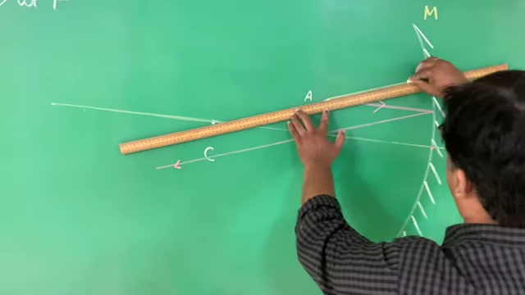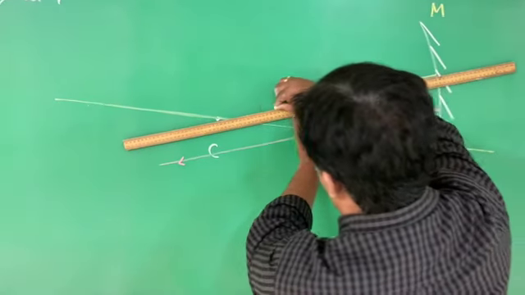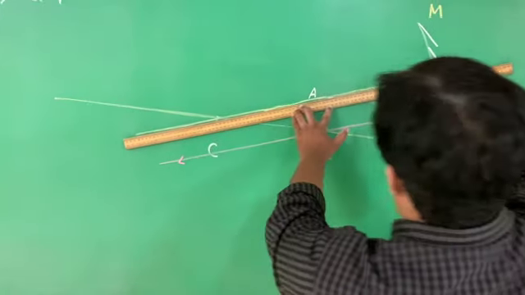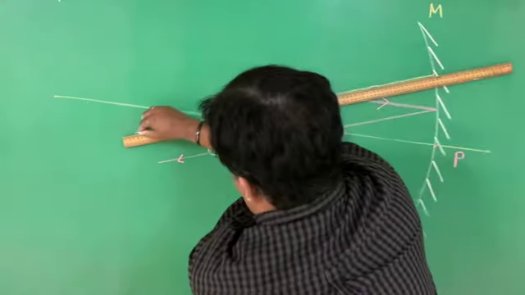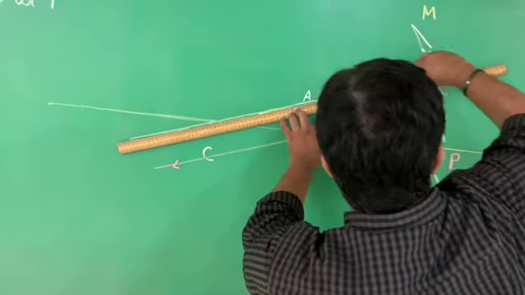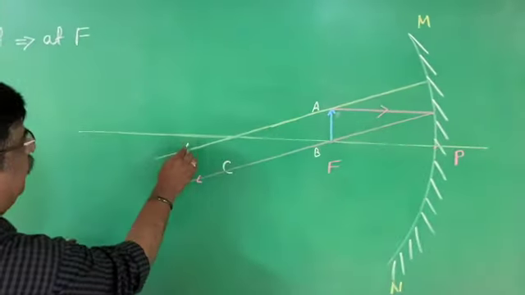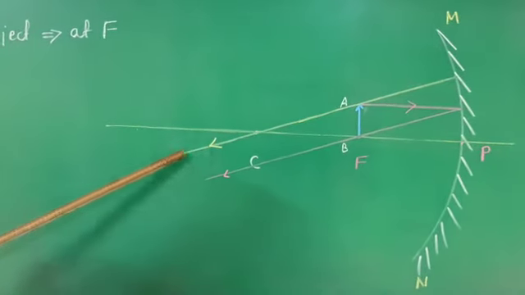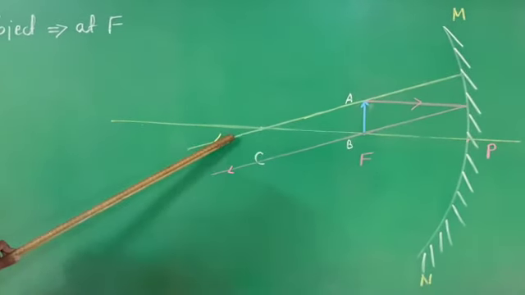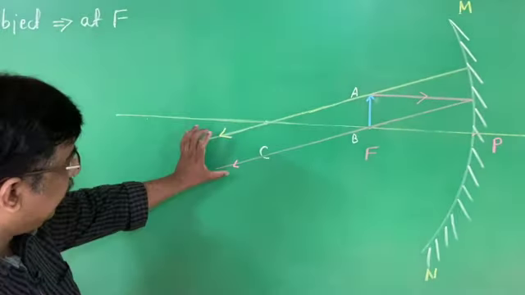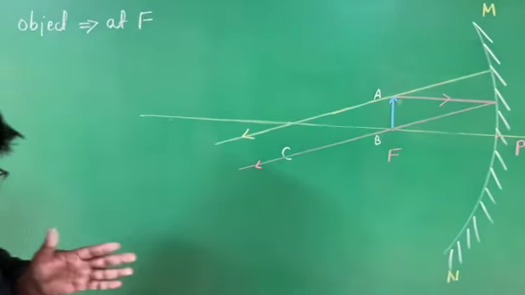After the reflection, it came and passes through the center of curvature. Like this. See, this is the ray of light incident to the mirror, and it went like this. Another ray like this.